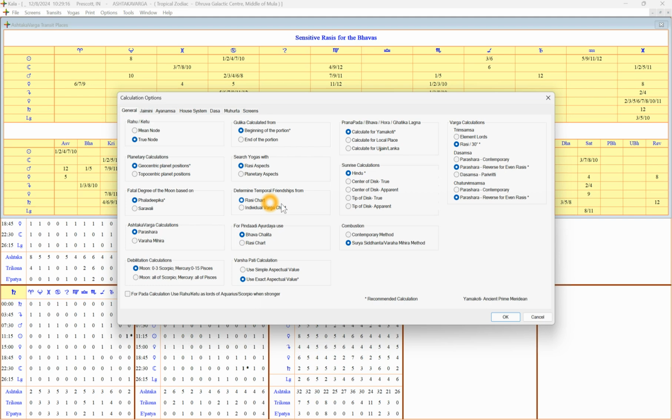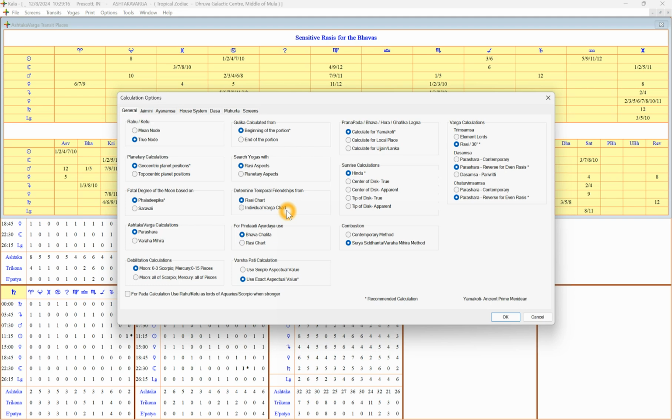Okay? Now, do we want to calculate that in the Rashi chart and carry those results over into the Vargas? Or do we want to check that in the individual Varga charts? Pretty much everyone is using individual Varga charts. So they calculate the temporary friendships in each Varga chart.